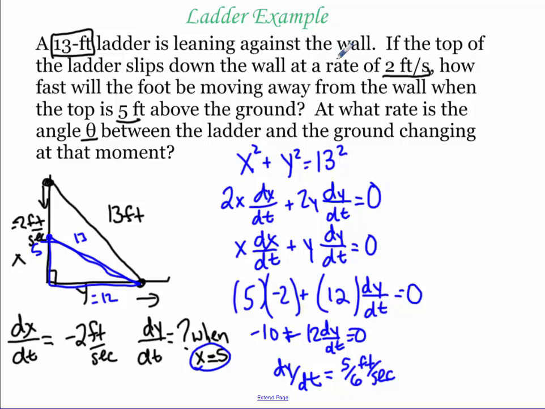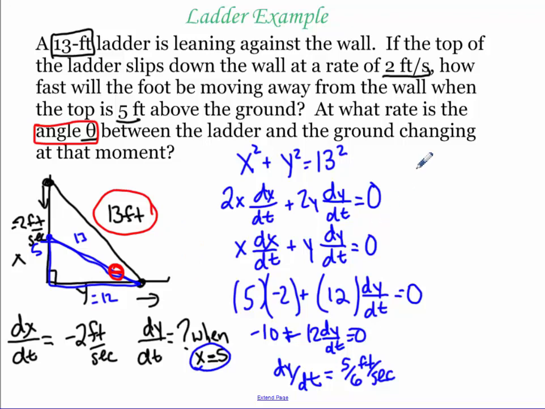Now part B, at what rate is angle theta between the ladder and the ground changing? So right here, I want to know how that theta is changing. Okay, so set up an equation involving theta. And I recommend that you use one of your trig functions that involves the hypotenuse. I think our book uses tangent, but that gets a little hairy with our derivative.